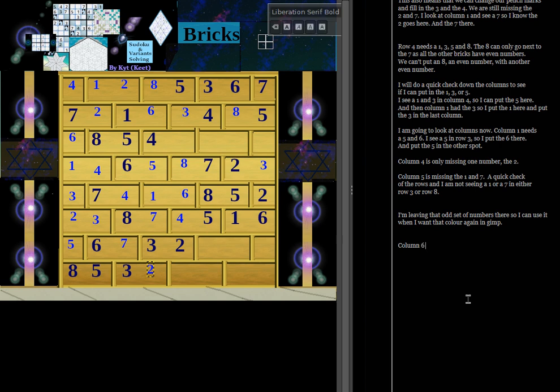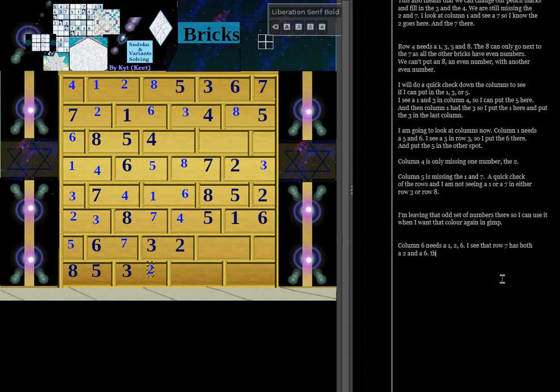Column 6 needs a 1, 2, 6. I see that row 7 has both a 2 and a 6.